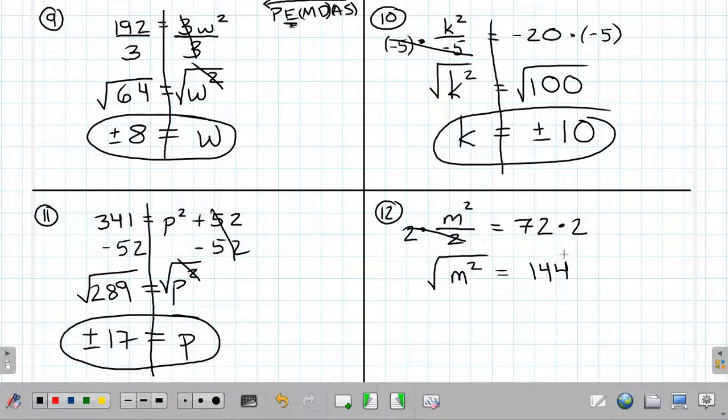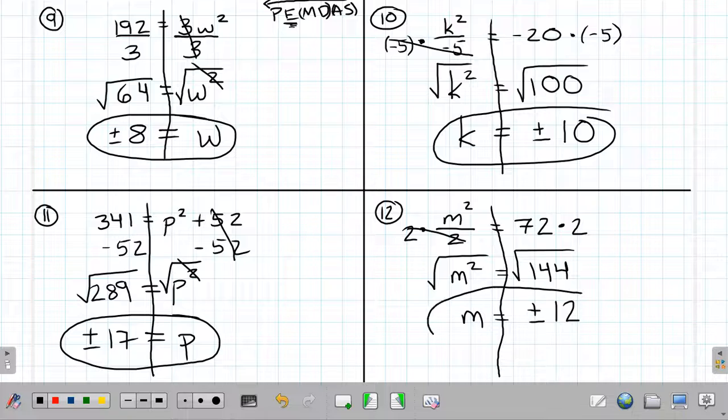Take the square root. This is another one everybody should know from your times tables, because this was the biggest number on your 12 by 12 times tables, which is 12. So m equals positive and negative 12.